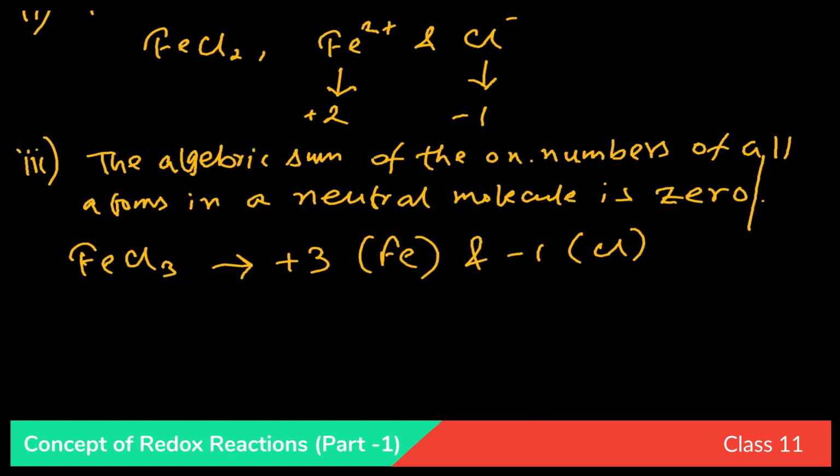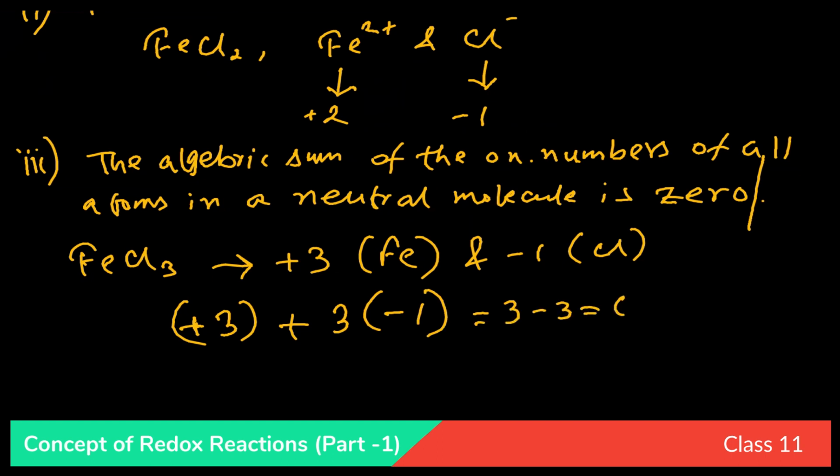So if I am to determine the oxidation number of ferric chloride, that is FeCl3, what will I see? Iron will carry +3 charge, and along with iron there are 3 chlorine atoms in chloride configuration, that is 3 into -1. So you will get 3 minus 3. As a result, it will give you 0. That means it is a neutral molecule having oxidation number equal to 0.